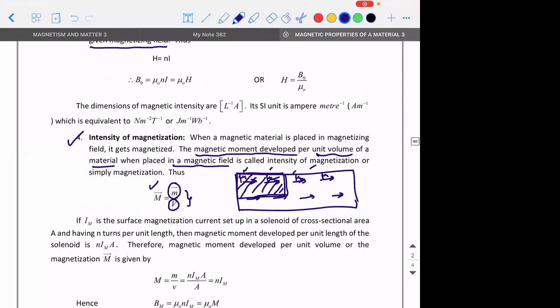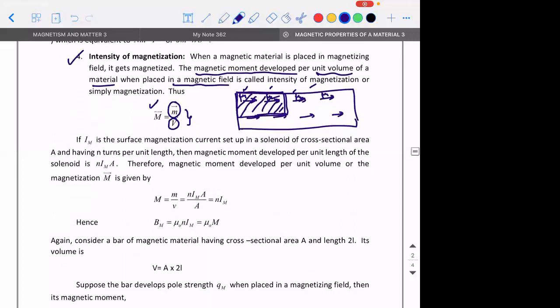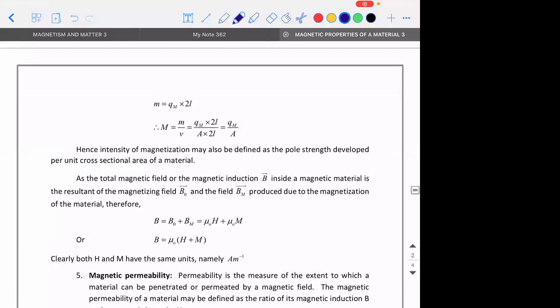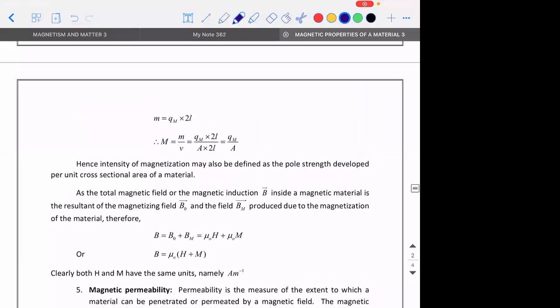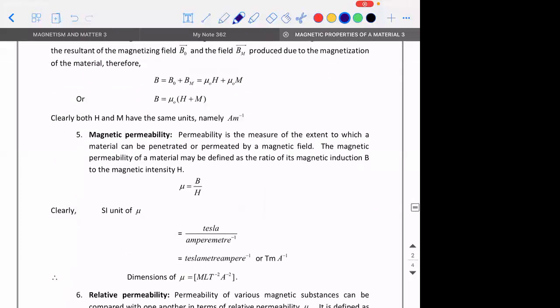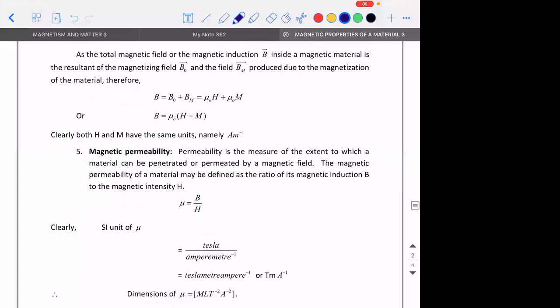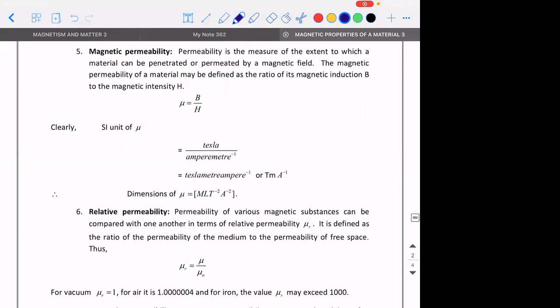Good. Now, we need to see another mathematical definition for it. I'll come to that later. As of now, have this point in your mind: intensity of magnetization is the total magnetic dipole moment developed per unit volume.